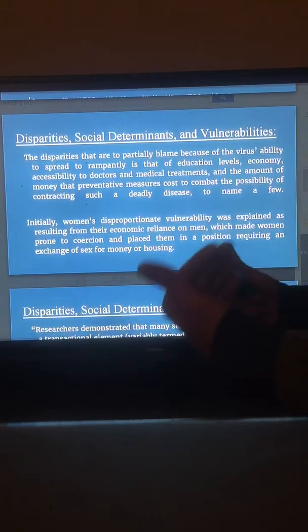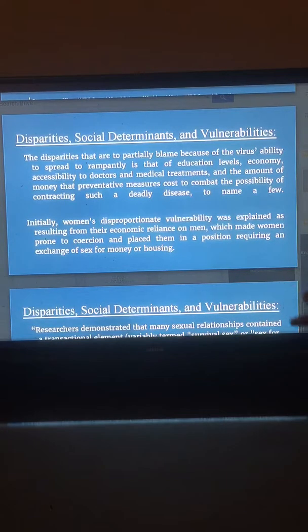And when the growth economically happens, then we have means and ways to be able to afford the education, the medicine, and basically anything that we could use or classify as a preventative measure to help combat the spread of HIV/AIDS here. The disparities that are partially to blame for the virus's ability to spread so rampantly is that of the education levels, the economy, the accessibility to doctors and medical treatments, the amount of money that preventative measures cost to combat the possibility of contracting such a deadly disease.